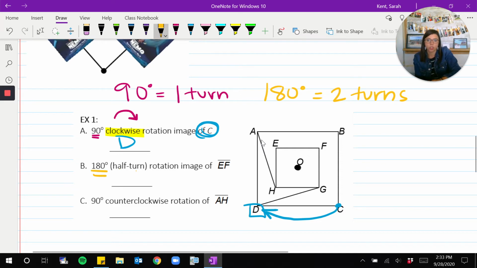And we want to turn point EF. So here if I take EF and I turn it 1 time and then I turn it 2 times, I end up on the other side here, GH.